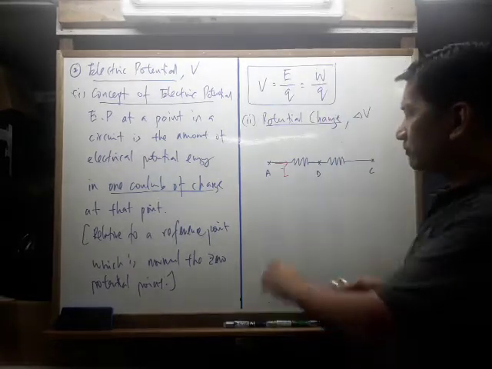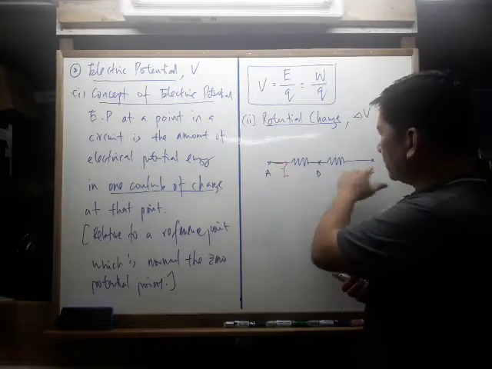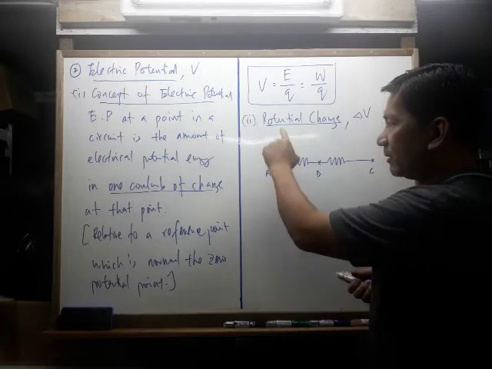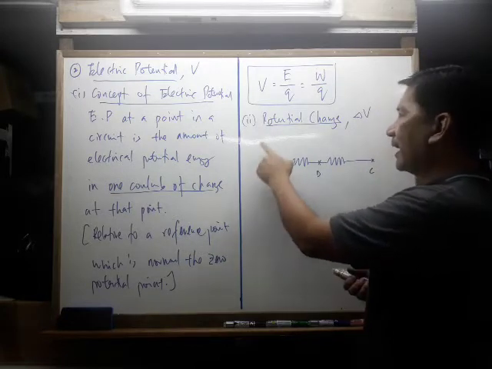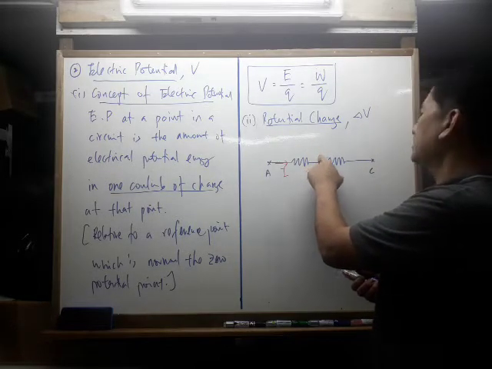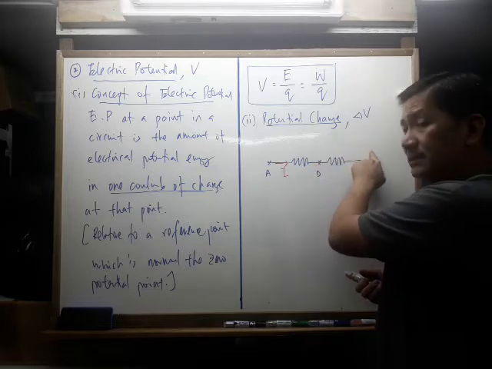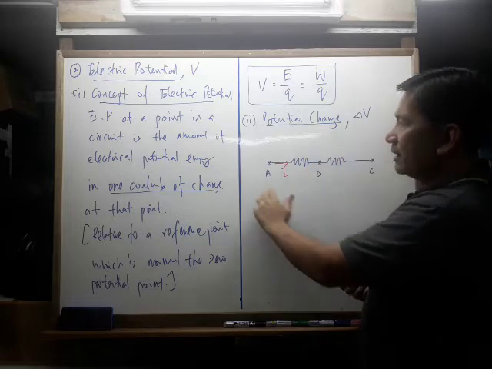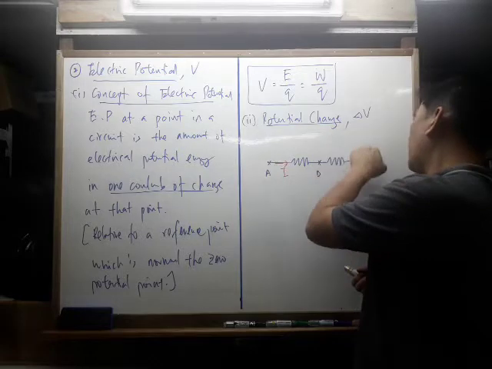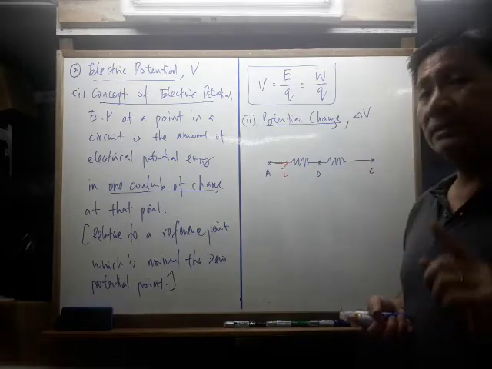So when we assume current flowing from A to B to C, it means the potential at A is higher than B, and subsequently potential at B is higher than C. So it makes sense to say that potential at A is also much higher compared to point C.